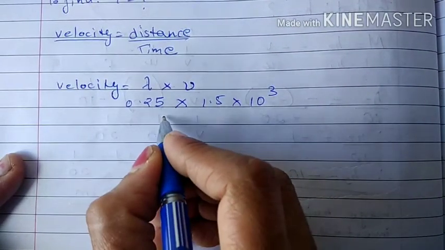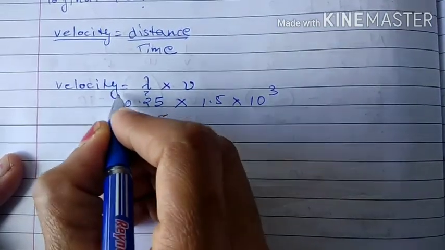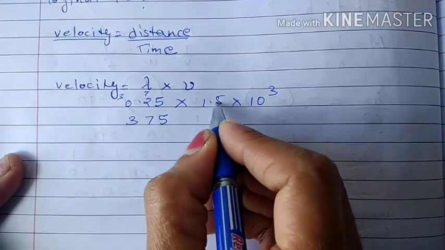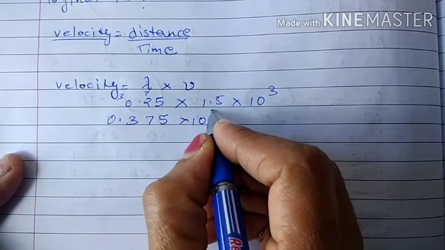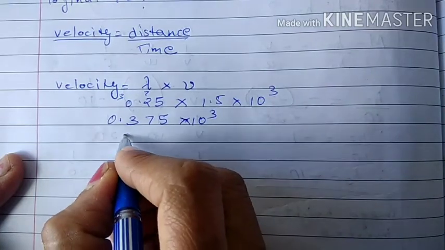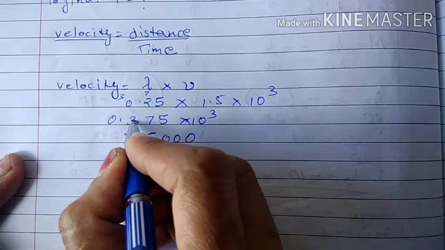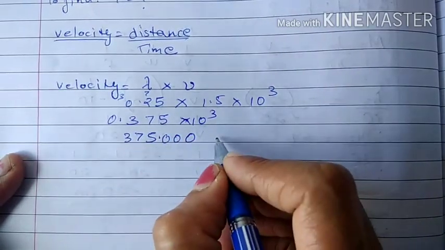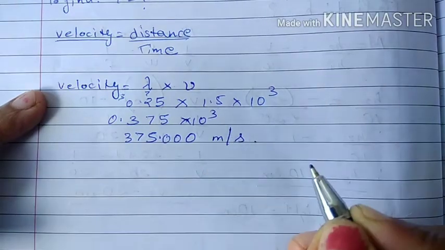Multiply 15 by 25. Now put the decimal after 3 places. So you get 375 and then 3 zeros for 10 raised to 3. So that gives us 375 velocity. So it's going to be meter per second.